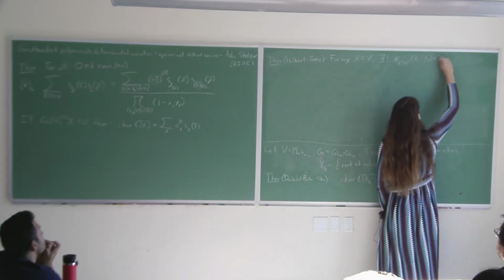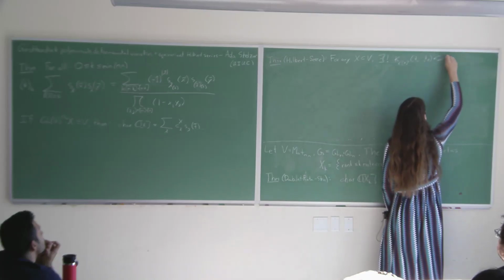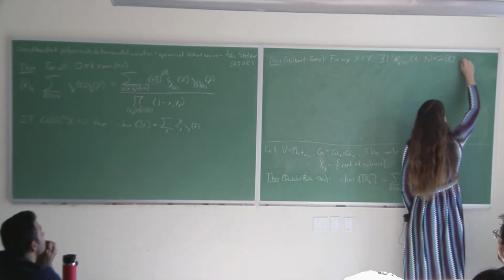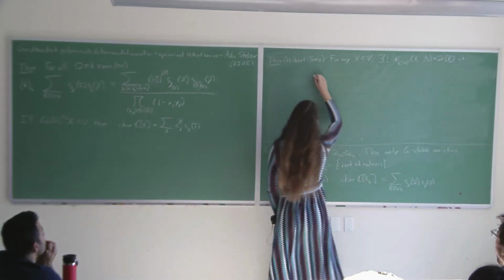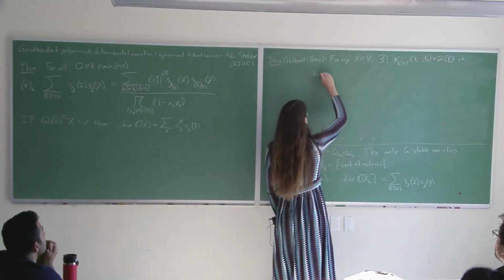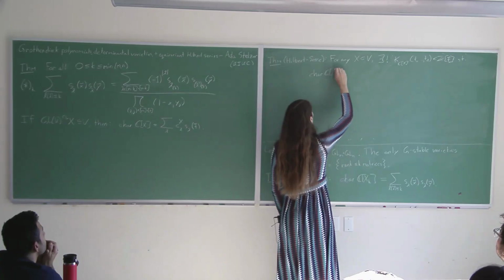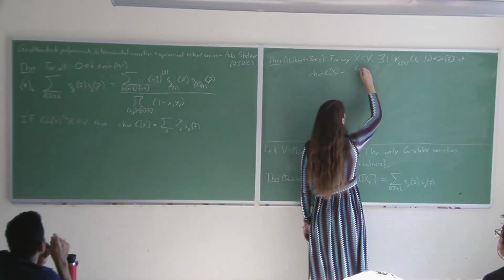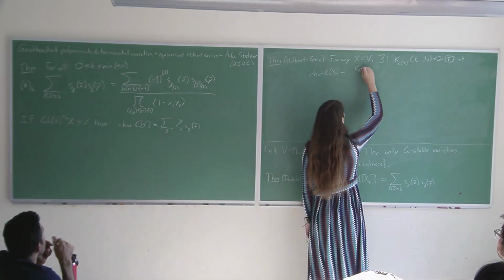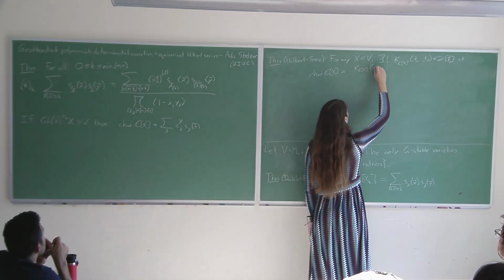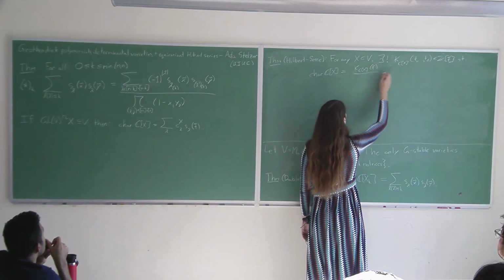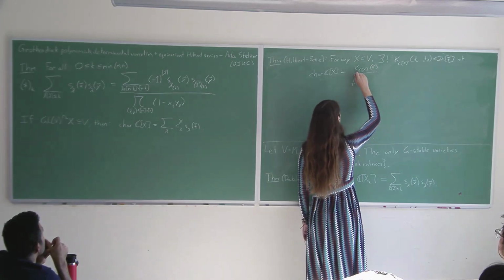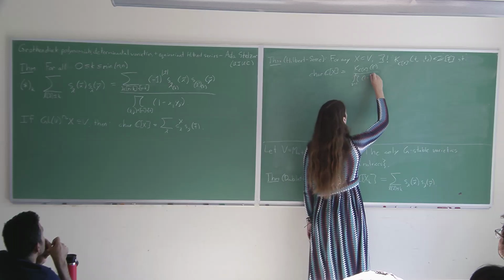And this is an integer polynomial, not necessarily non-negative integer, such that the character for a coordinate ring of X is equal to the K polynomial divided by product i equals 1 to d of 1 minus t_i.